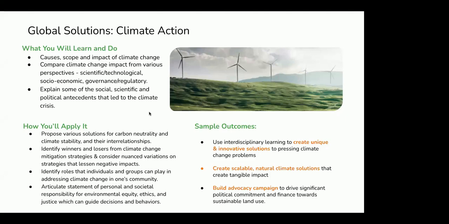I already mentioned some of this. Again, the technology is changing very rapidly. The basic cause and scope has not changed that much, but we're getting much better at measuring. We're hopefully getting better at taking political action towards this. So again, it's multifaceted. There's social, scientific, and political aspects to this.